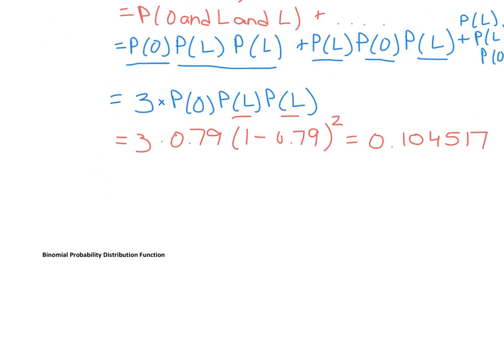So we just learned about combinations in section 5.5. So really this is saying we have 3 choices, and we're looking at the combination that 1 is late.